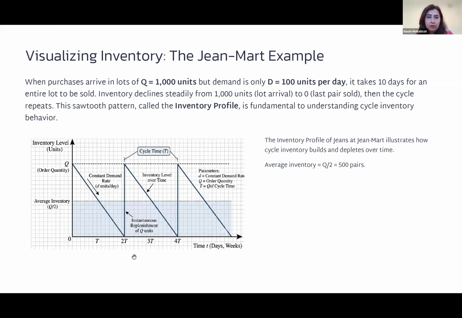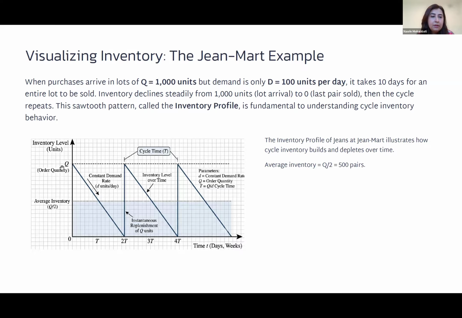In our example here, this inventory profile shows that average inventory is 500 units. We calculate average inventory by dividing the lot size, the order quantity, by 2. And why is that? Actually, it's very simple.